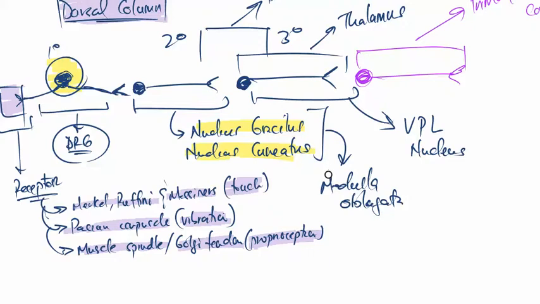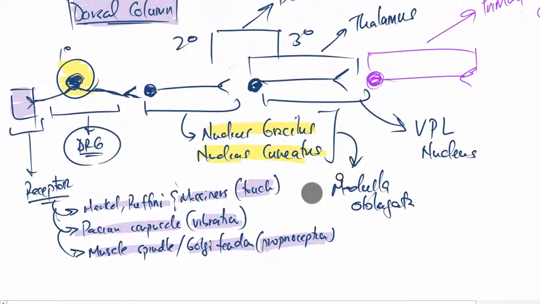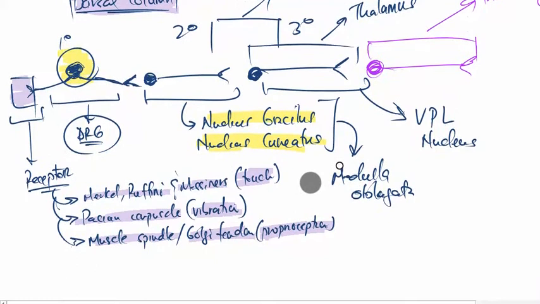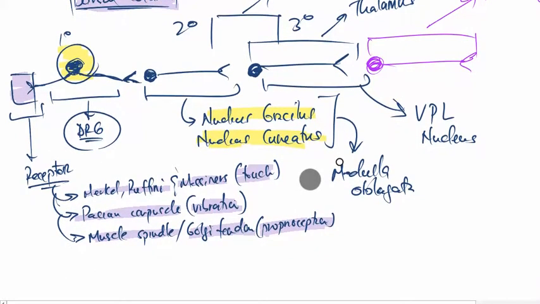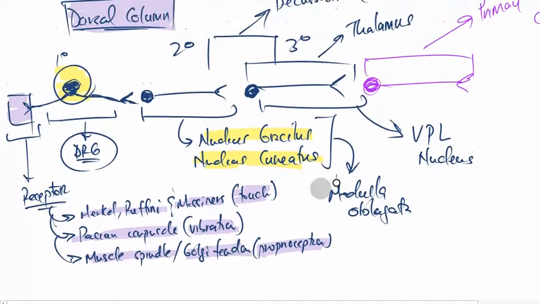The gracilis gathers information from the lower part of your body, like from your legs downward, whereas the nucleus cuneatus gathers information from your hip upward, excluding your face.